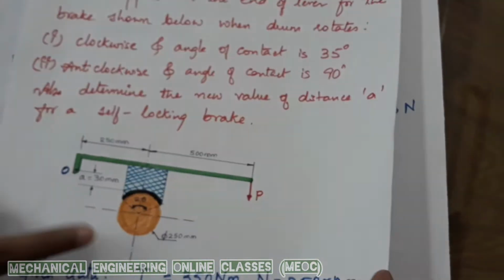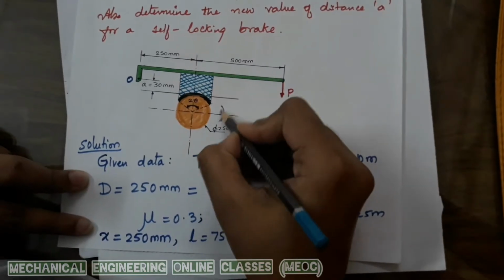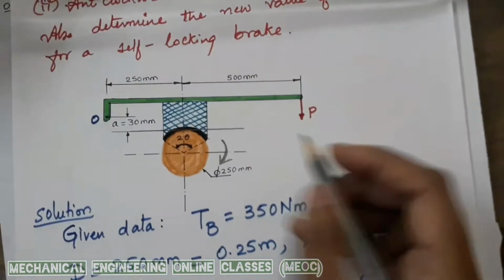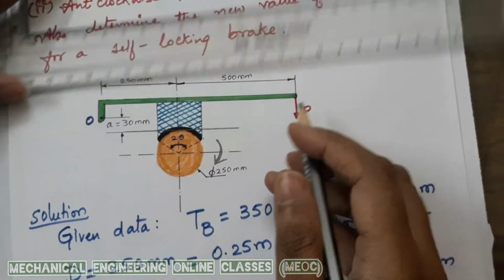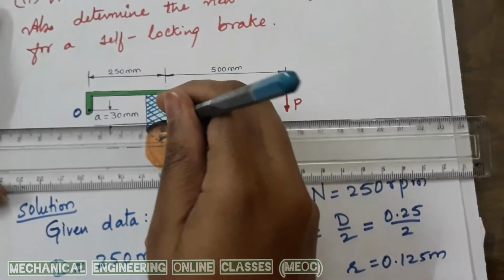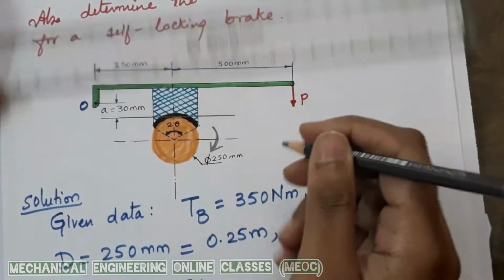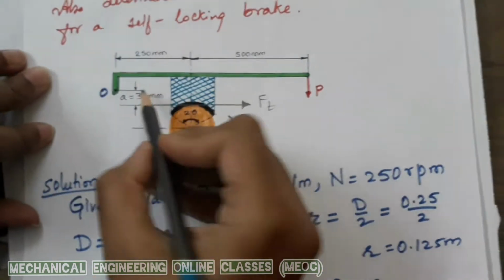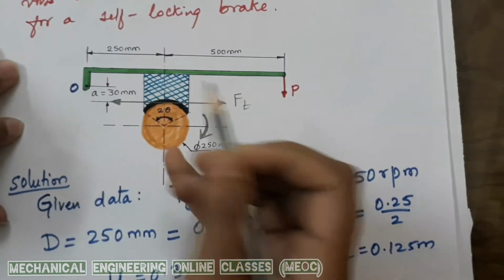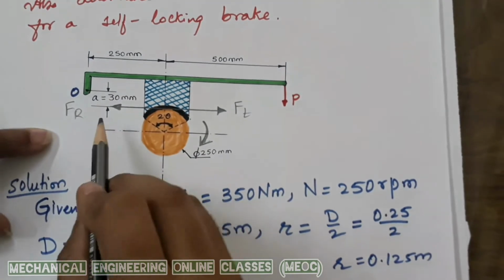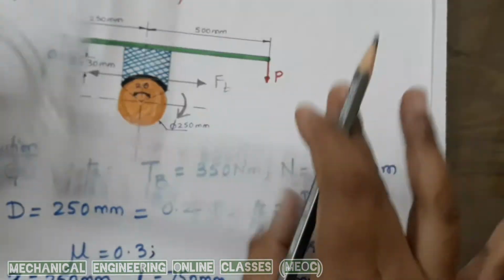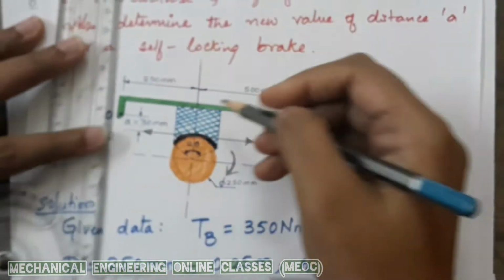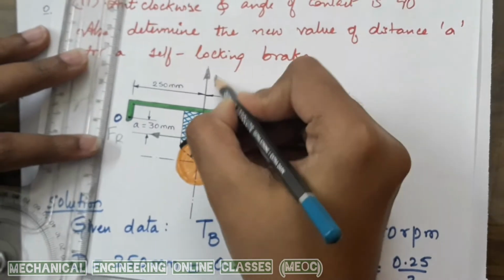From this particular figure, because the drum is rotating in clockwise direction, our tangential force will be acting rightward and the resistance force will be acting leftward, and the normal reaction will be along this line passing through the center of the wheel. So this is Rn.